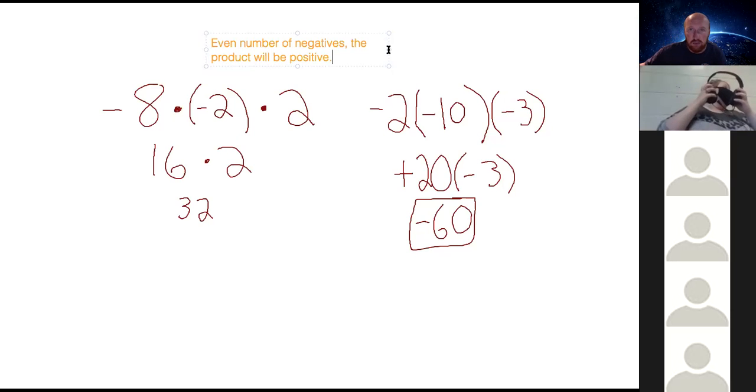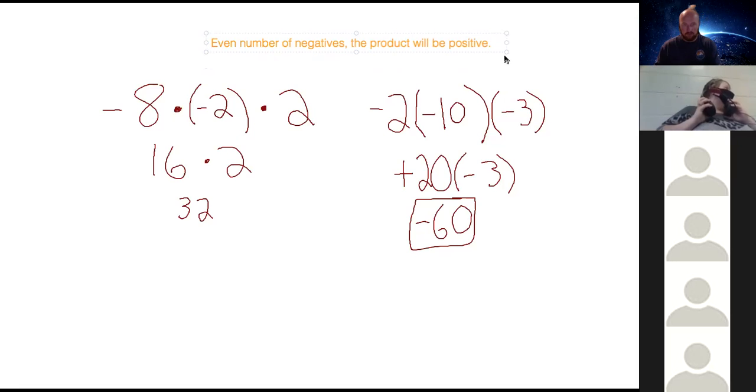So an even number of negatives, the product will be positive. And if we have an odd number of negatives, the product will be negative.